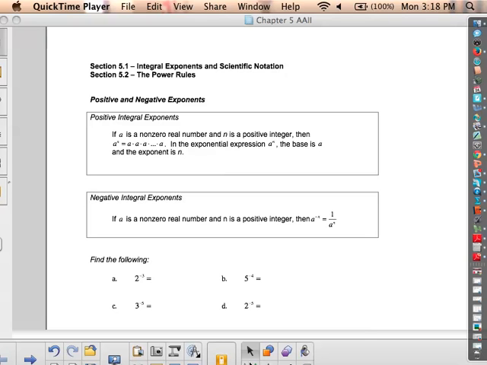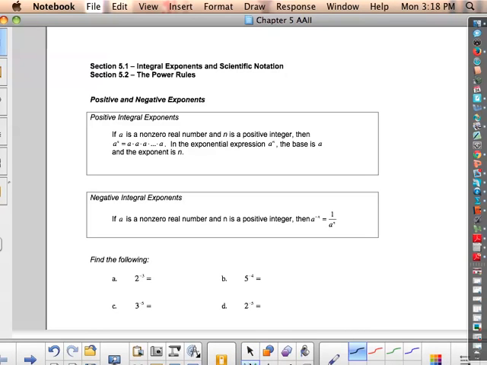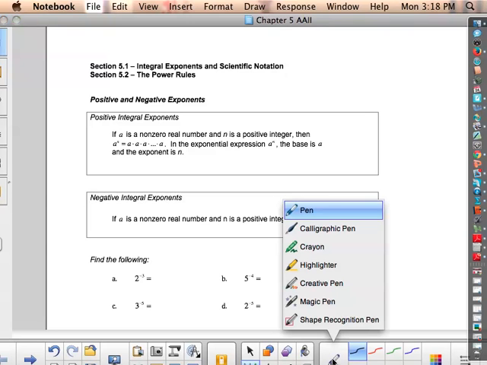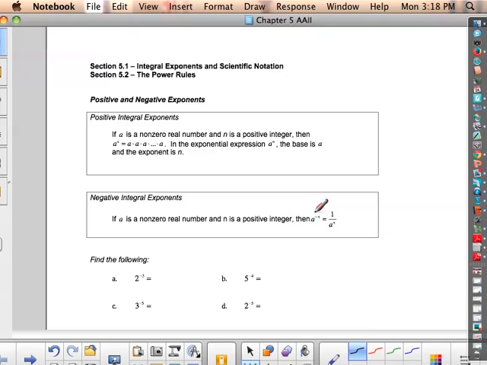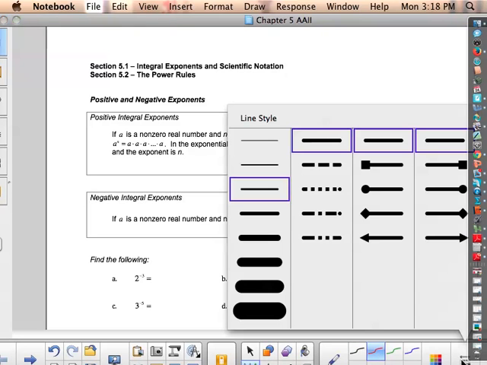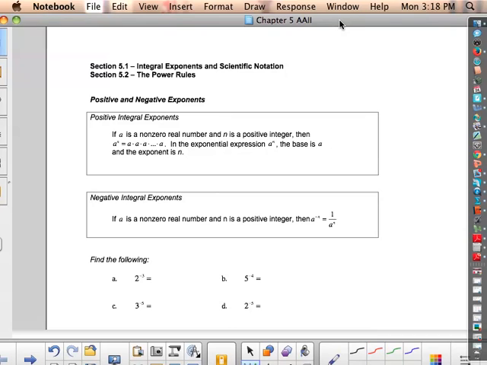So remember, a positive integral exponent: if a is a non-zero real number and n is a positive integer, then a to the n is equal to a times a times a, n times.